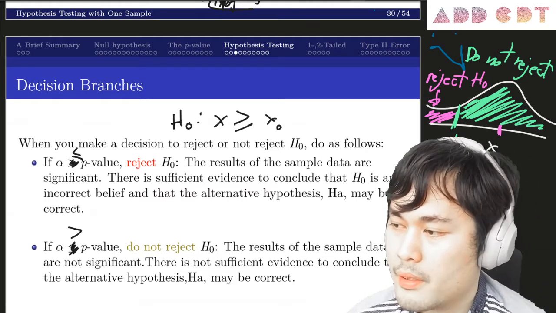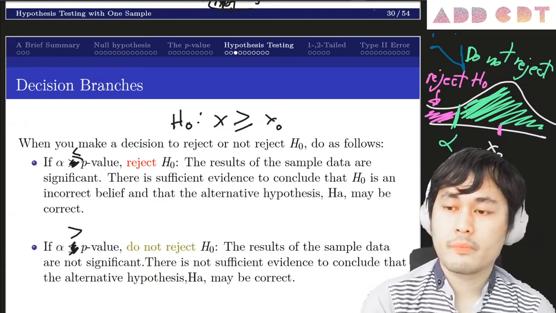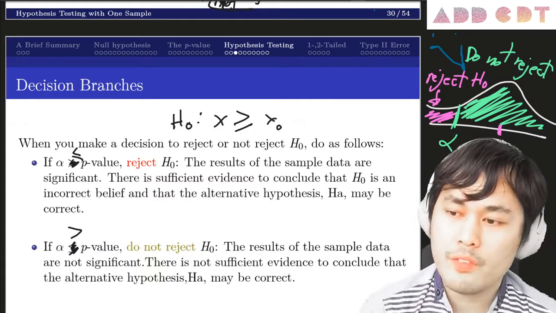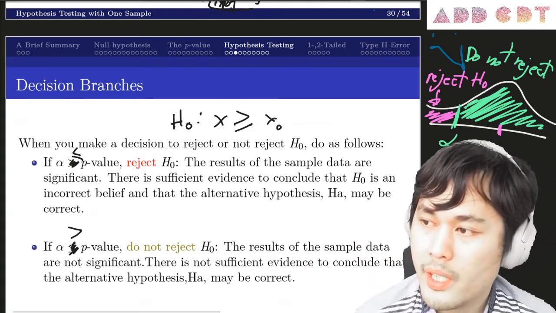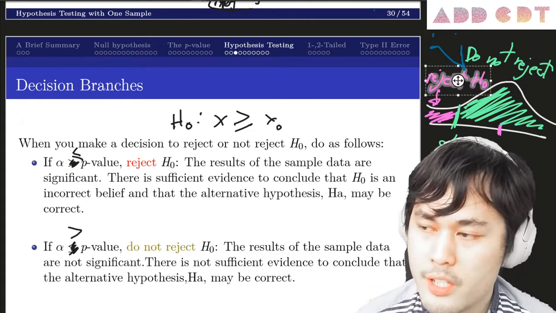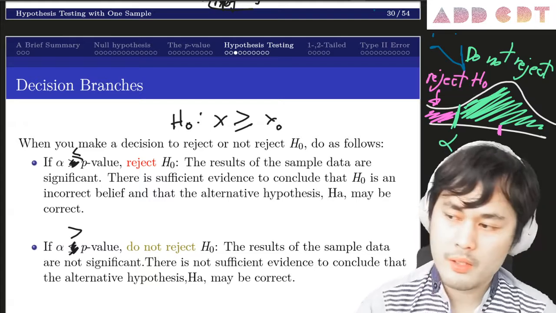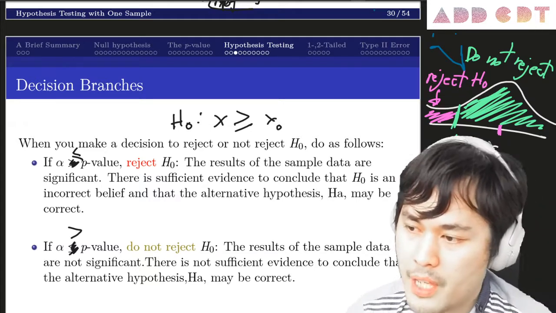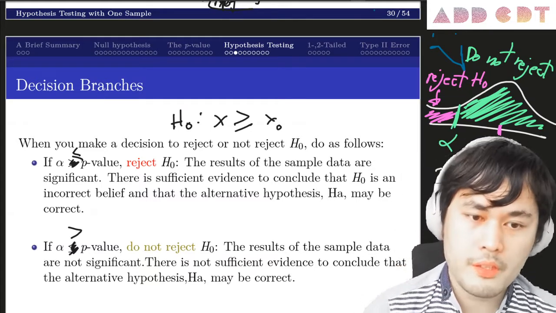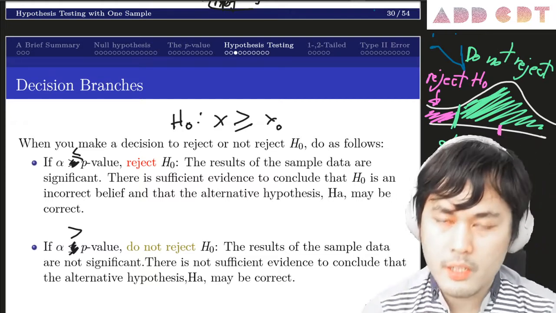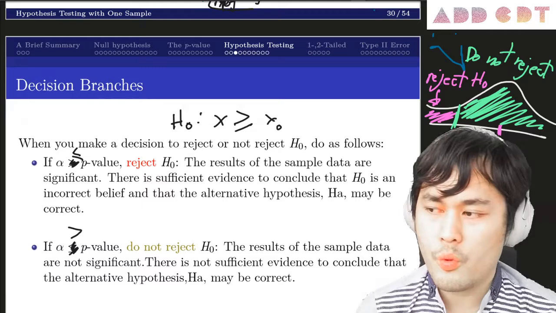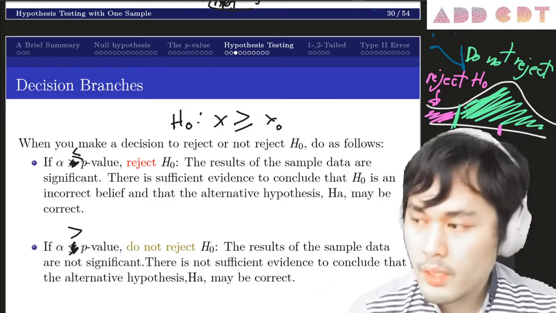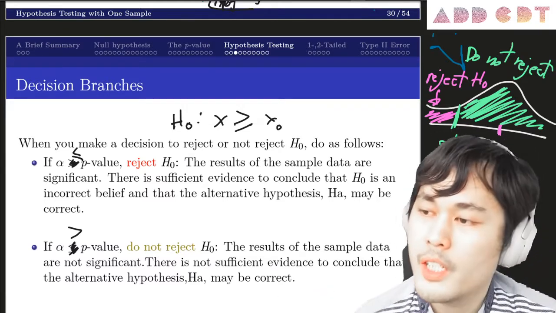So we believe that it is here. If alpha, if the number is less than the p value, which is the pink area, we reject H null. That means from our sample data, is it significant enough to tell us that the original assumption is way too off? It's not accurate in the first place.